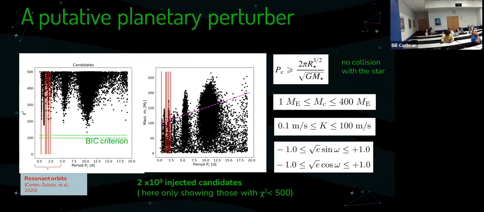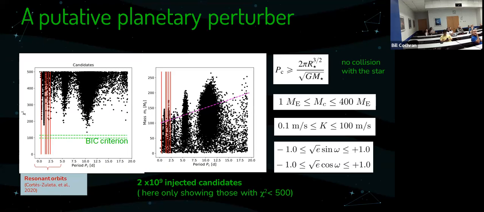They studied what the resonant orbits in the system are, and we found 3 or 4 out of 5, which was nice.